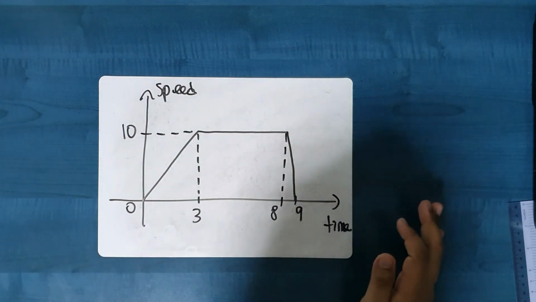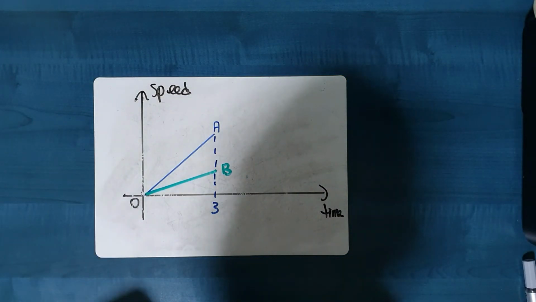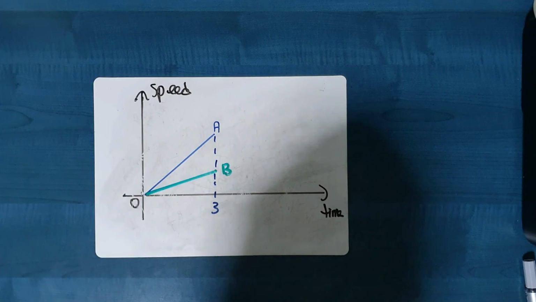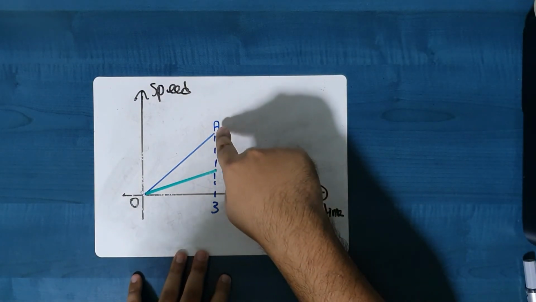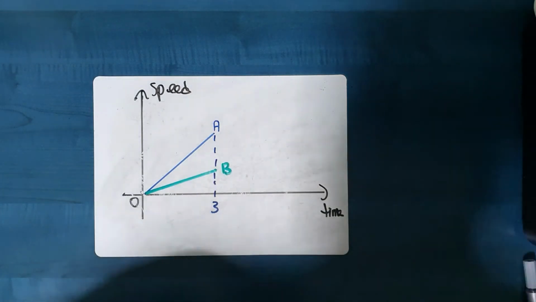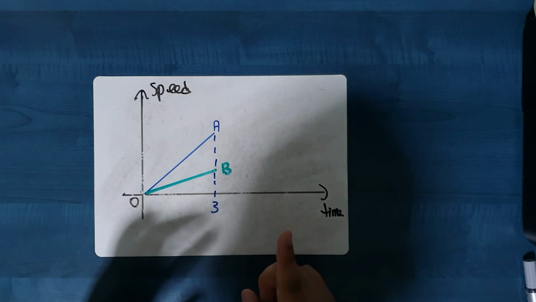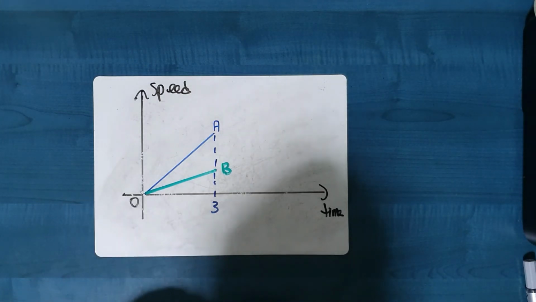Okay everyone, let's put on our thinking heads and look at this. Let's say I have object A moving like this and object B moving like this. As you all know, a straight line means moving at increasing speed and at constant acceleration.